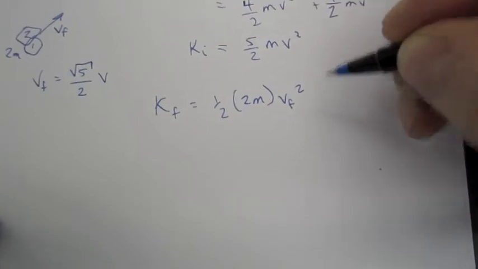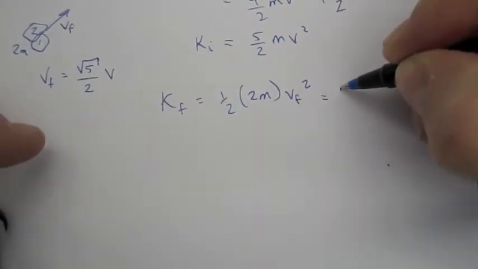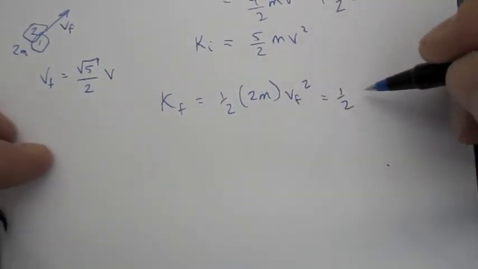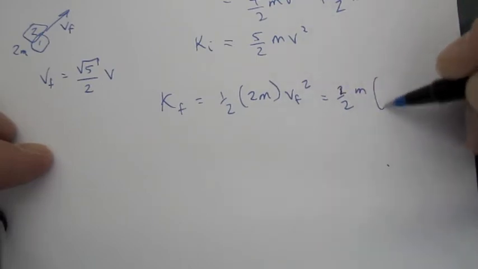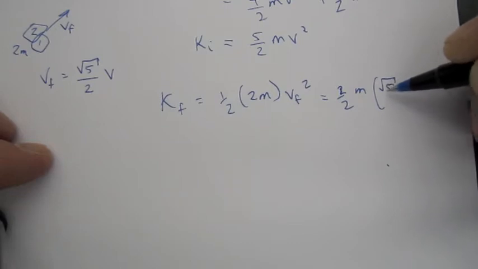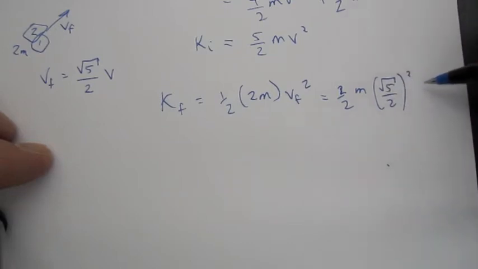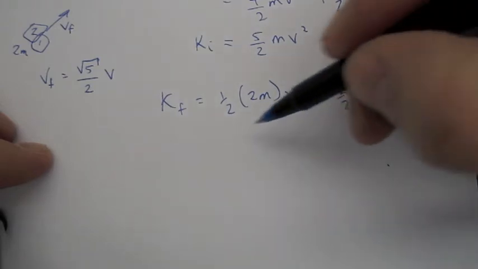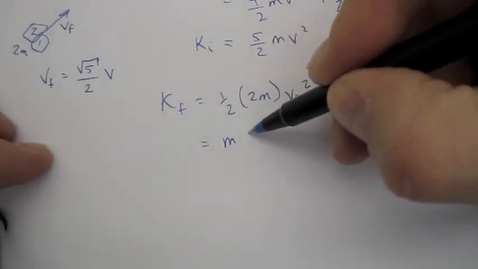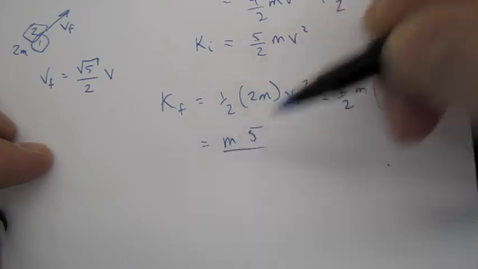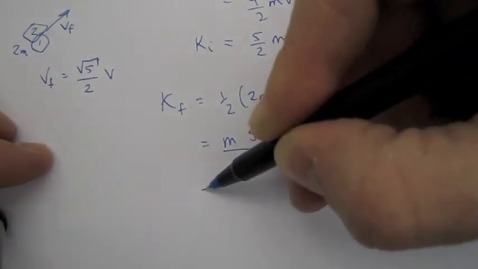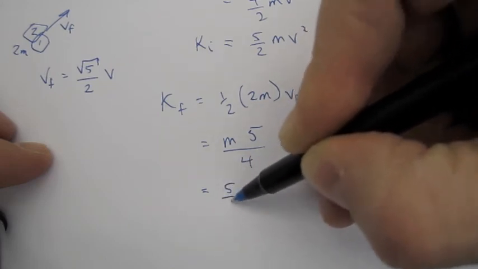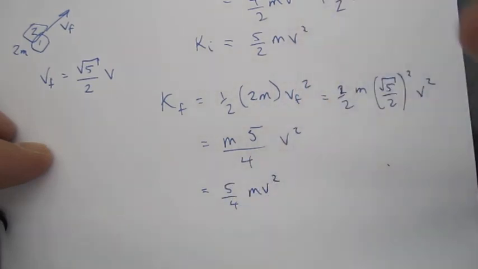So that equals 1/2, 2 halves, I guess, m times the square root of 5 over 2 squared times v squared. So we end up with m times 5 divided by 4 times v squared. So it's equal to 5/4 m v squared.